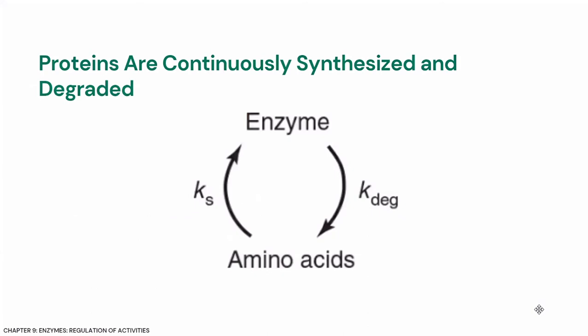Because with enzyme activity, they work so much that there might be some parts already worn out, or amino acids that are worn out. And so they have to be degraded, as well as continuously synthesized. So amino acids are synthesized into enzymes and enzymes are degraded back into amino acids. So there is a continuous synthesis and degradation.